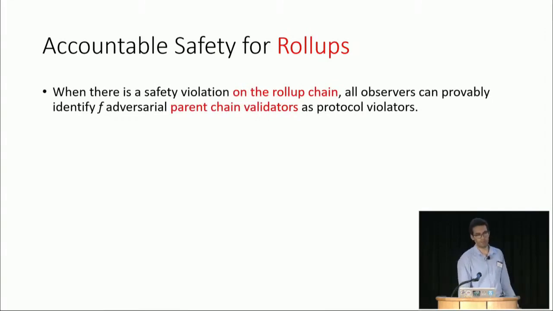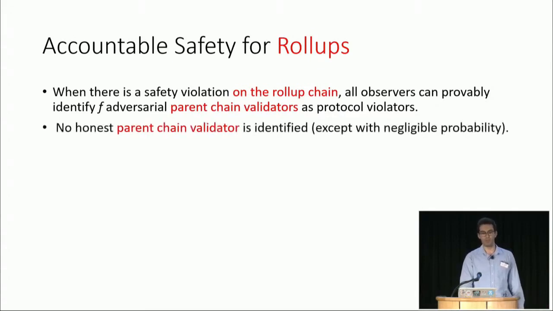I would say a rollup protocol or system satisfies accountable safety if it satisfies the following guarantees. The first one is, whenever there's a safety violation on the rollup chain, all observers should be able to identify F adversarial parent chain validators as protocol violators. Now, if there's a safety violation on the rollup, I would identify the parent chain validators as malicious. And of course, I should not be identifying any honest parent chain validator.